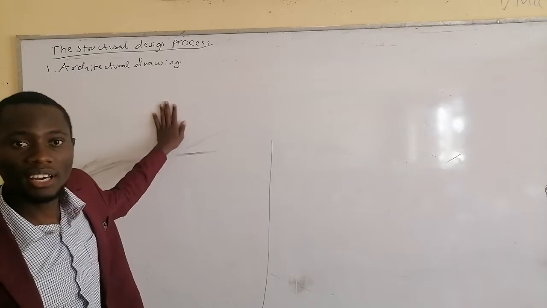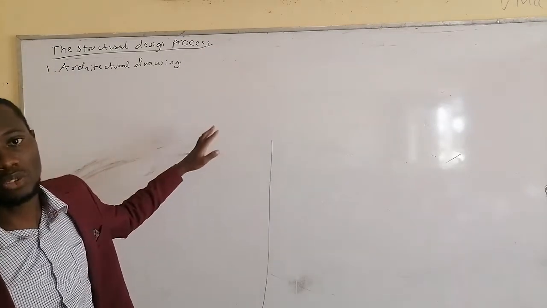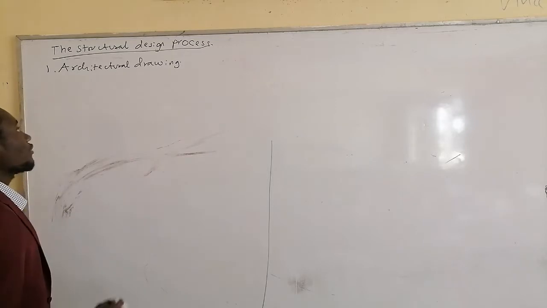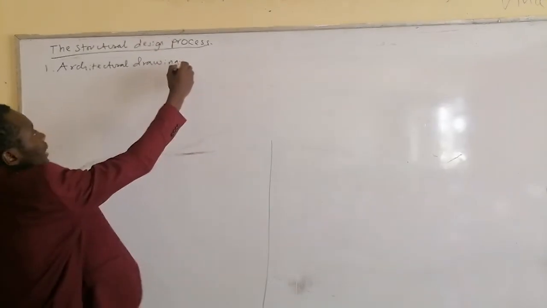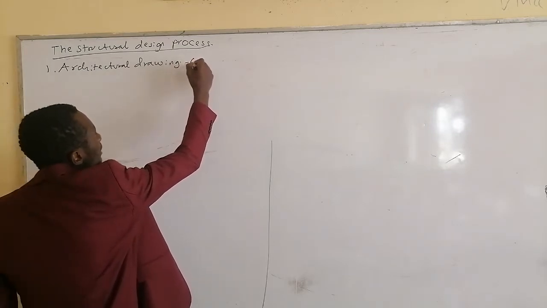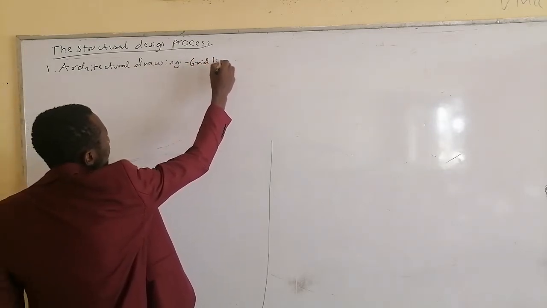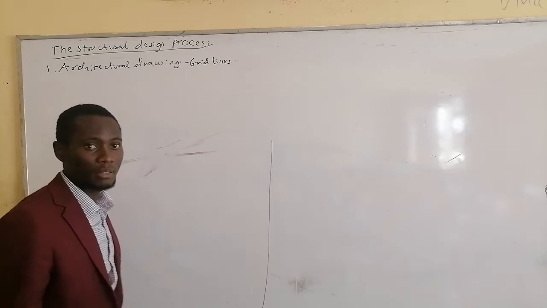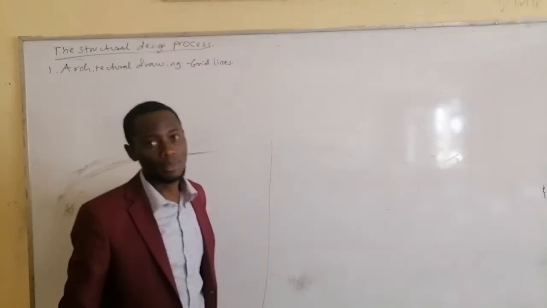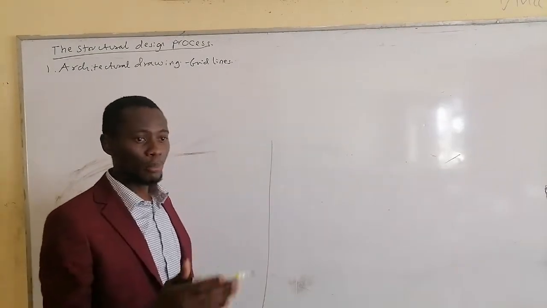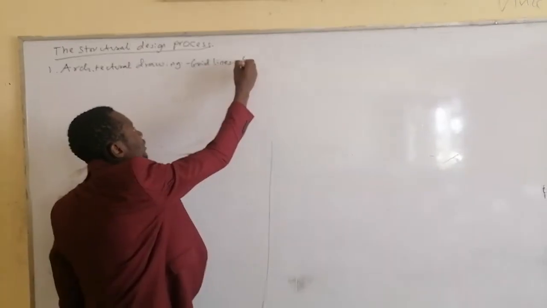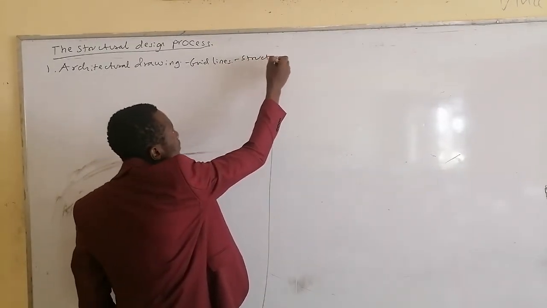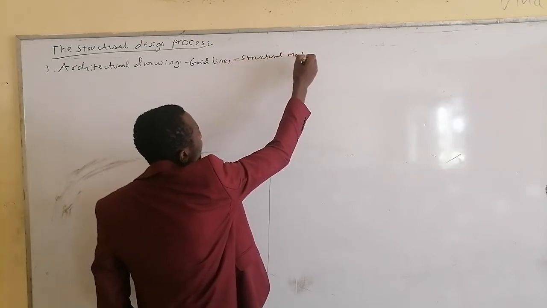Therefore, after obtaining the architectural drawings, be it from the architect or the engineer, the first thing a structural engineer is supposed to focus on are the grid lines. Sometimes an architect can place grid lines on the drawing for you, sometimes they might not, but you're supposed to have grid lines where you have your structural members.